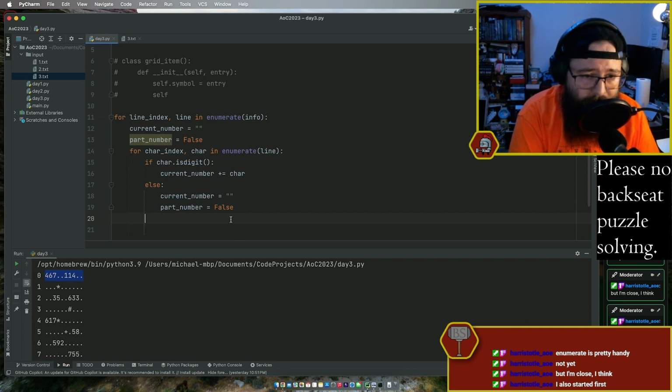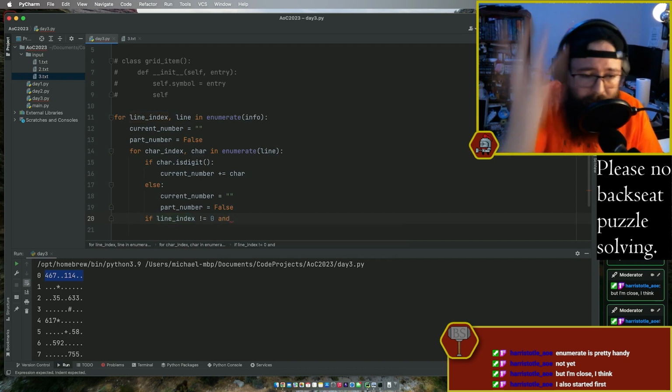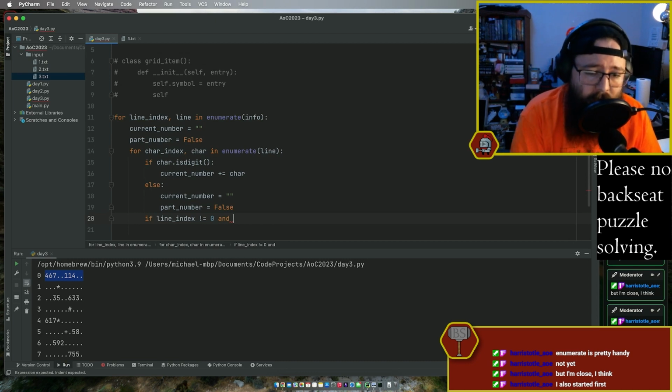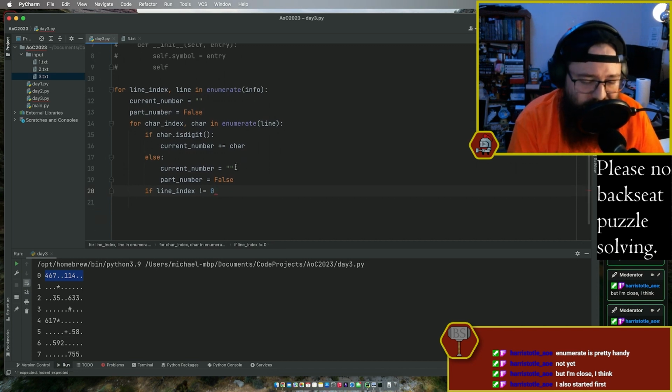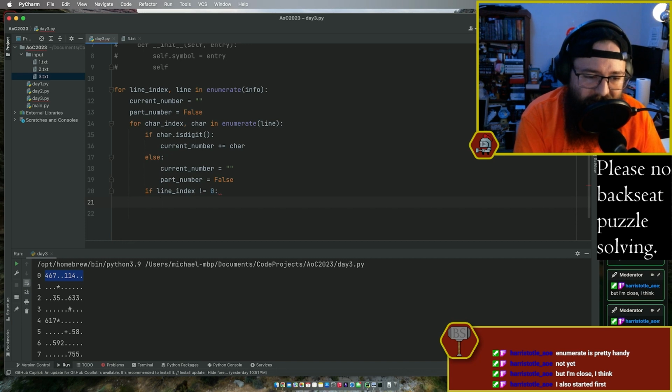So let's see. If line index is not 0, we can't look above when we're on the top row. All right, we're gonna have some indentation. I don't want to combine this up too much. So if this becomes several layers deep, I'm sorry. So if we're not on the top line, then we want to look above.